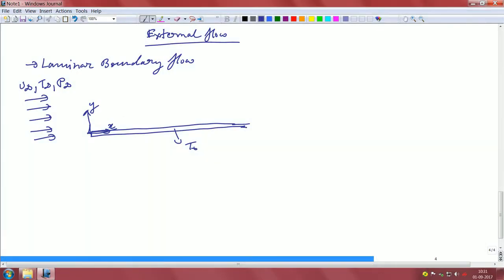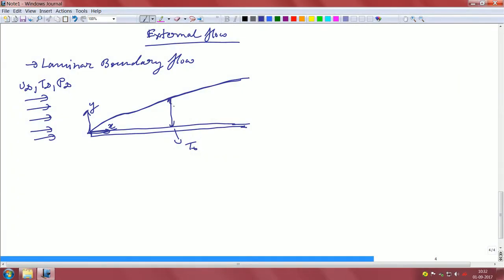So, the boundary layer is what actually develops. If you look once again at the presentation, you will find that this is how the boundary layer looks. Forgive my drawing, it develops something like that. This is the boundary layer where the effect of the plate is felt. That means the viscous effect of the plate is felt very close to this boundary layer, and its thickness is given by delta.